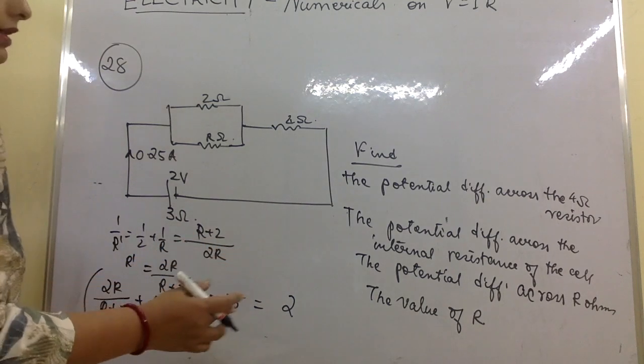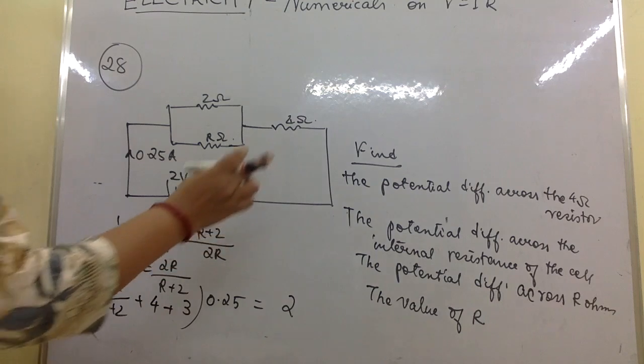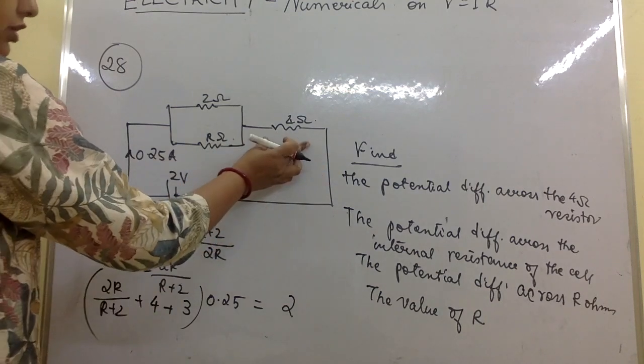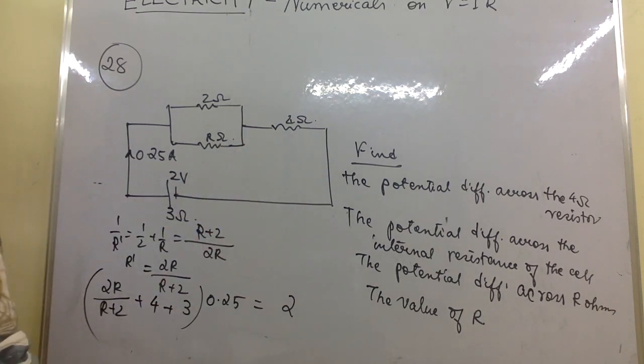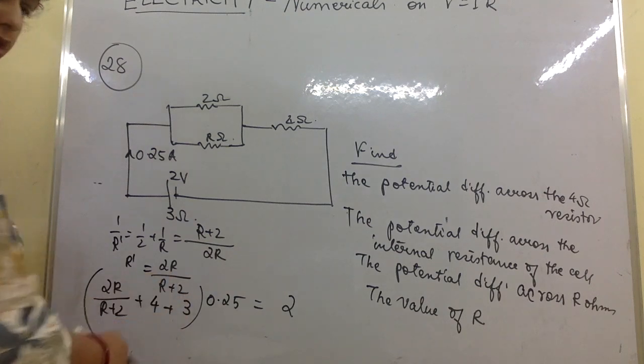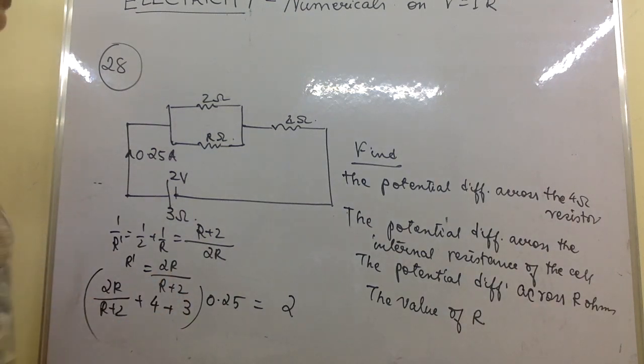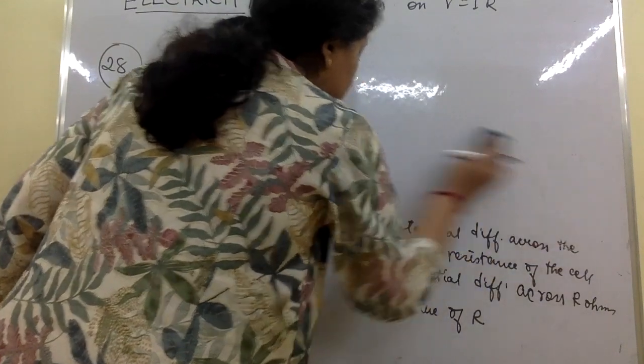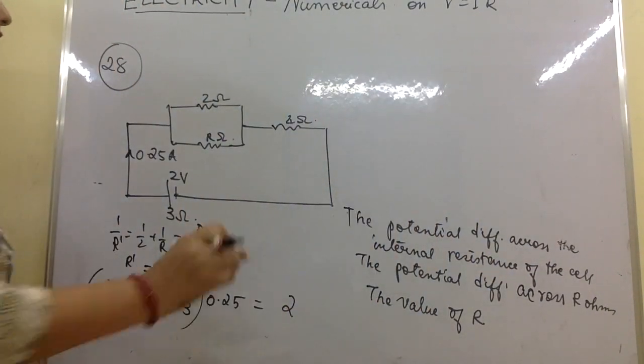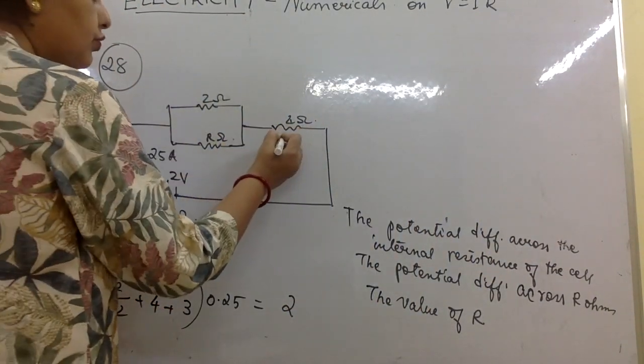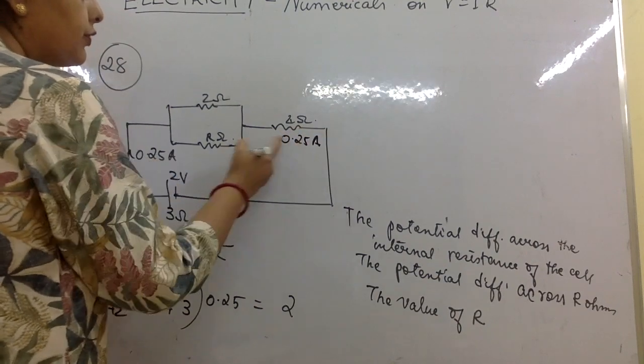Now, what are the things they asked? Potential difference across the 4 ohms resistor. Across this also we need to know. So let us keep this equation ready here, and let us first find the potential difference across the 4 ohms resistor. Now how? Because current 0.25 amperes is flowing through this.